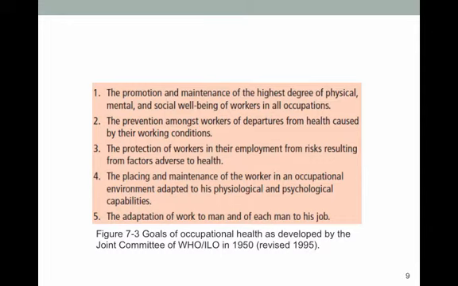The protection of workers in their employment from risk resulting from factors adverse to health. The placing and maintenance of the worker in an occupational environment adapted to his physiological and psychological capabilities, and the adaptation of work to man and of each man to his job.